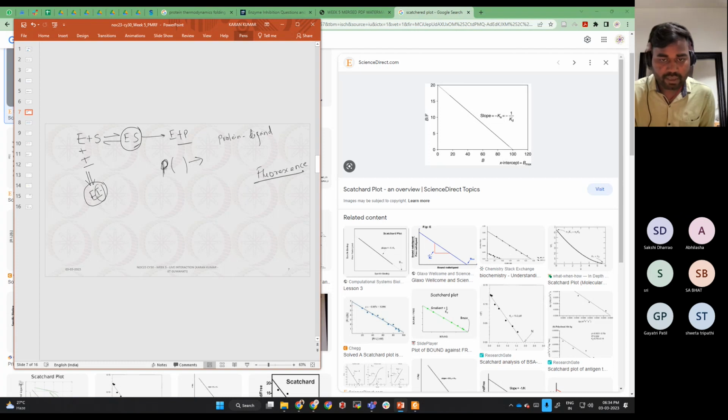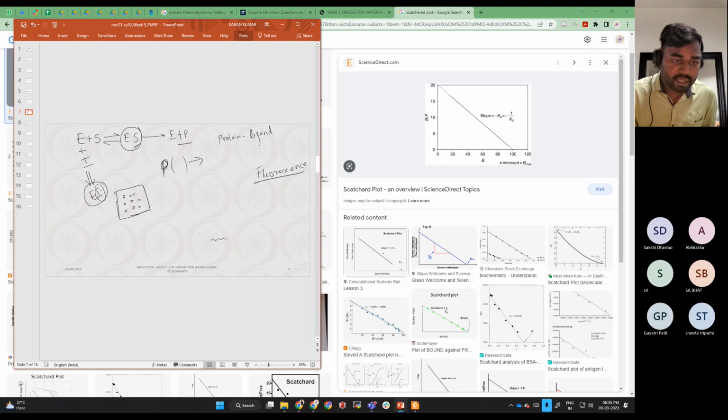The basic of fluorescence spectroscopy is that in your system there are molecules. So these are the protein molecules.